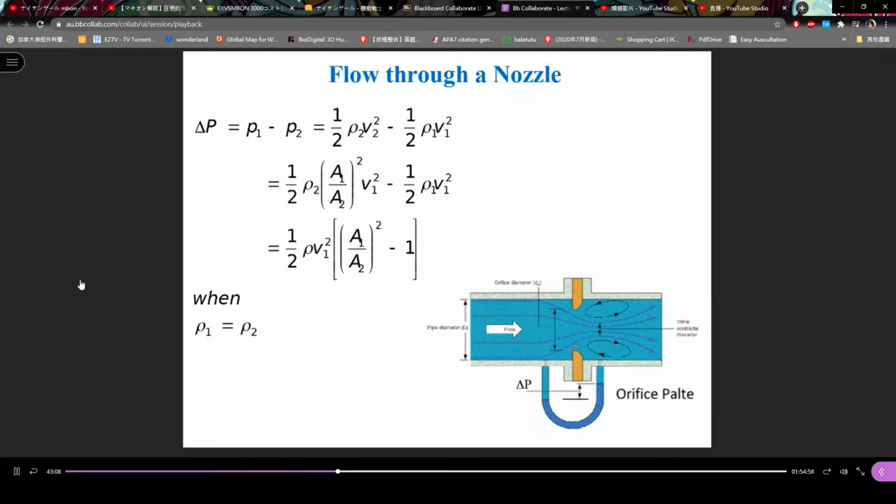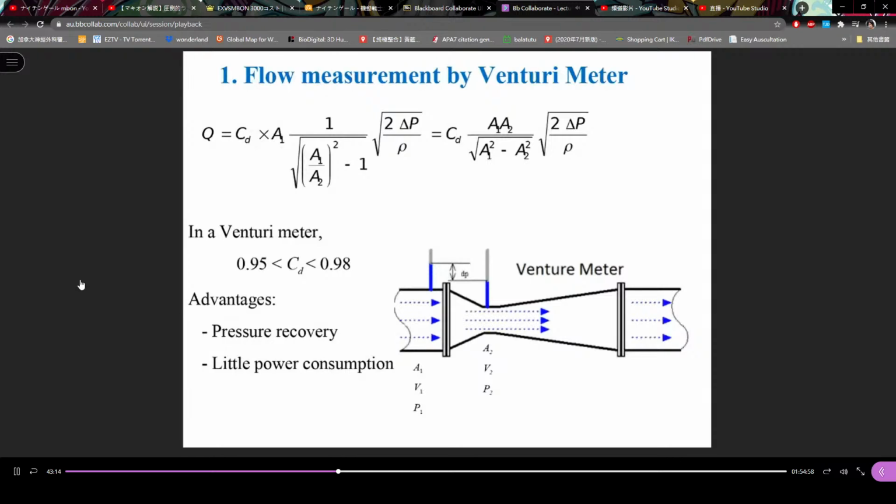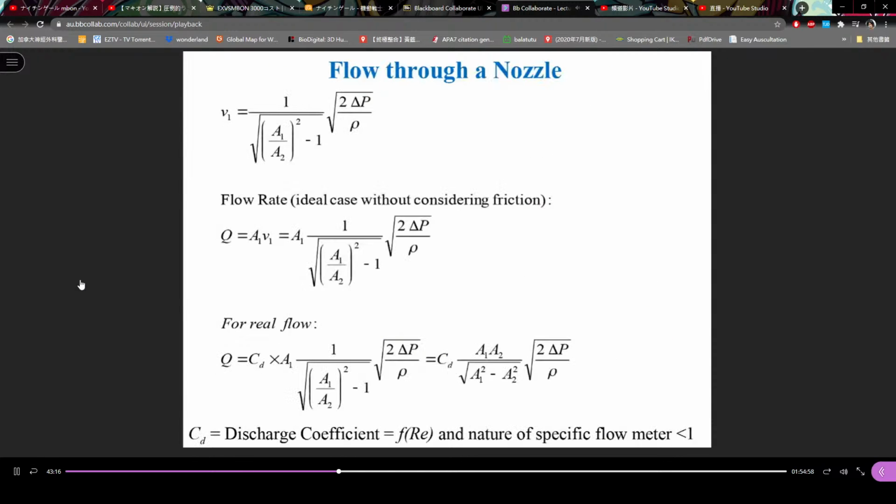And how do we consider friction loss so that the measurement is accurate? We simply add a factor, sometimes called the discharge coefficient, because flow rate is also called discharge. CD means discharge coefficient. It's less than 1.